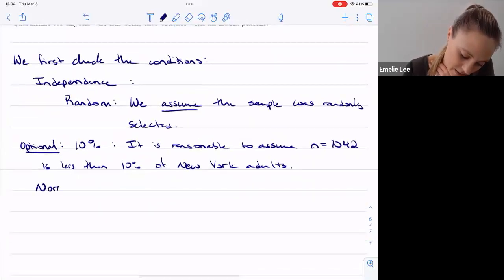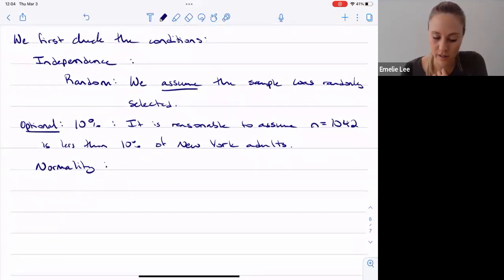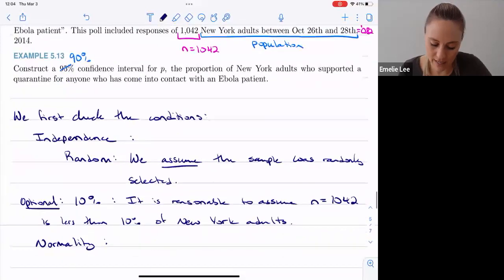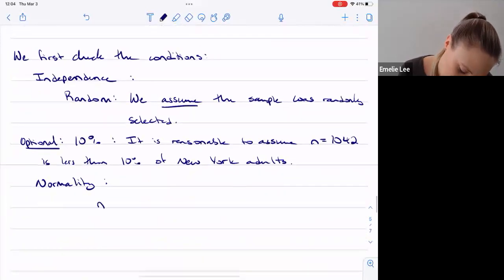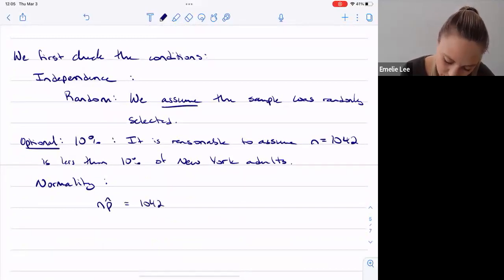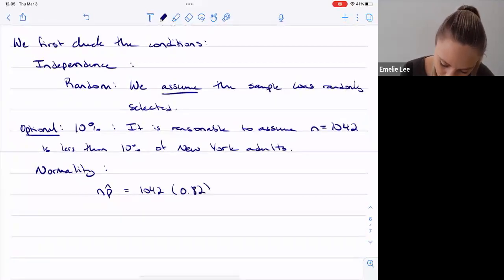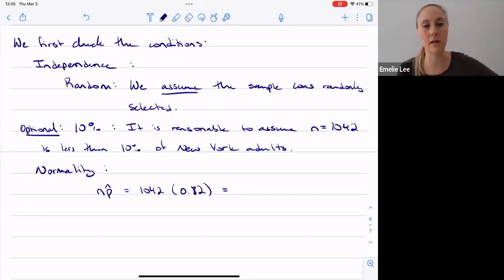So then the normality condition is the success failure. I don't have a population proportion because that's what I'm trying to find. But I do have p hat. So n times p hat is going to be 1,042 times 0.82, which I grab my calculator for. 1,042 times 0.82.